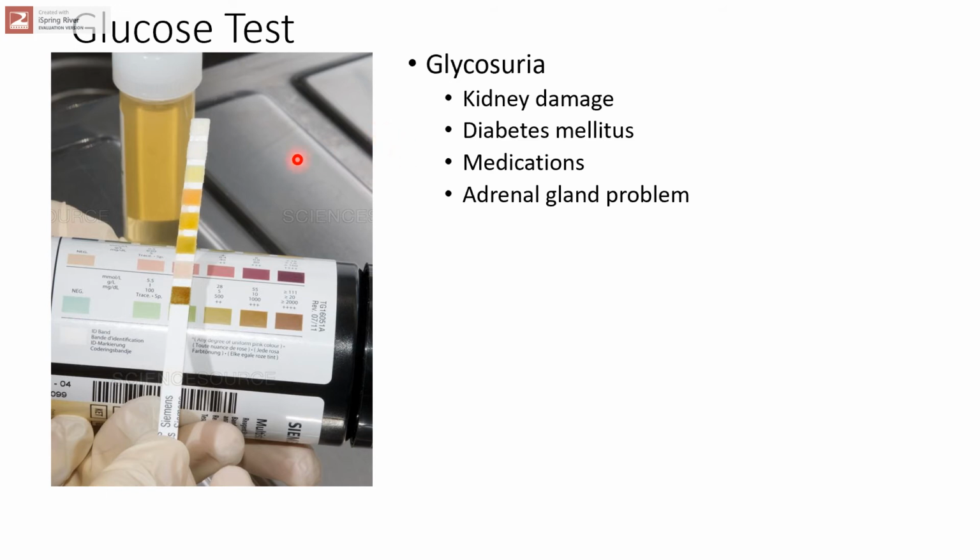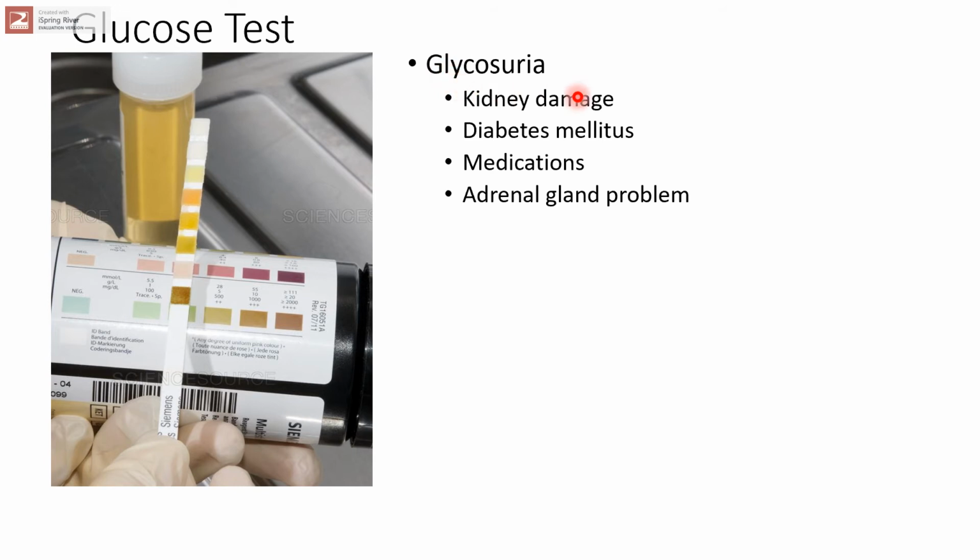So negative glucose right over here is normal, and any positive result in the glucose is called glycosuria, or presence of glucose in the urine.